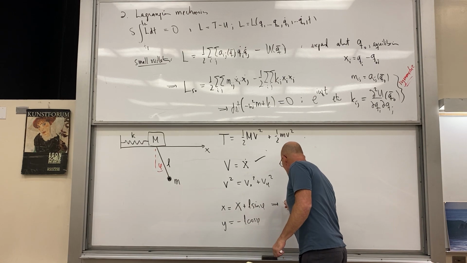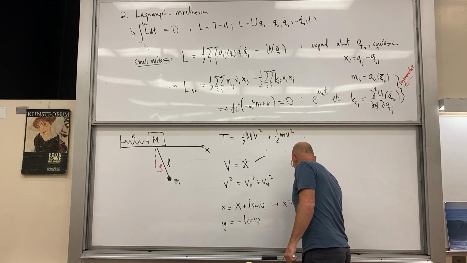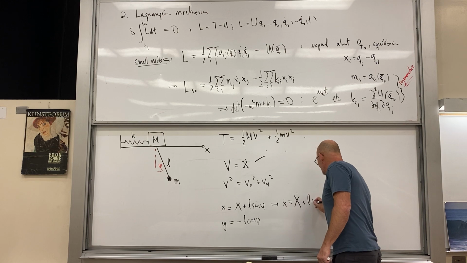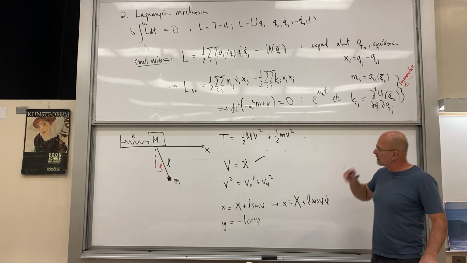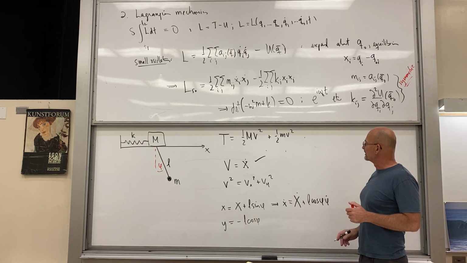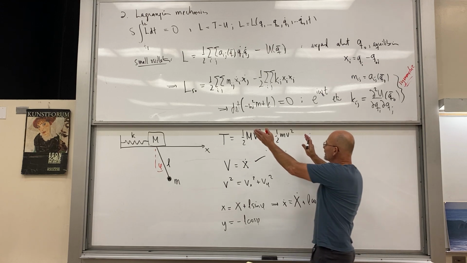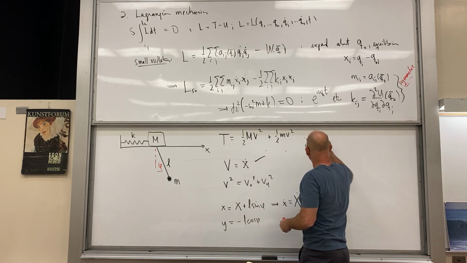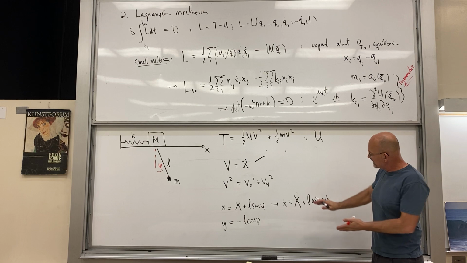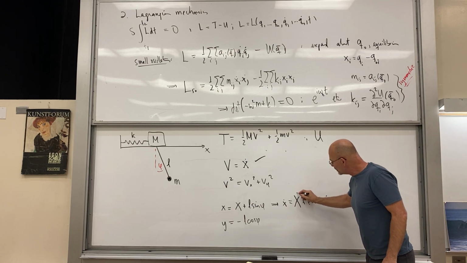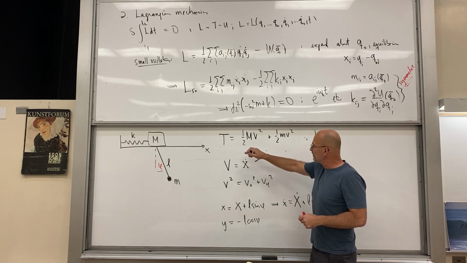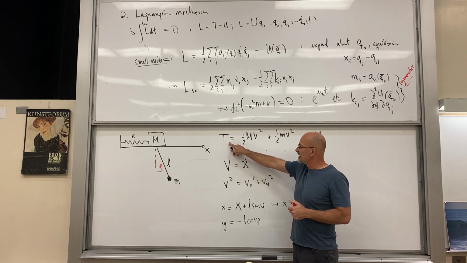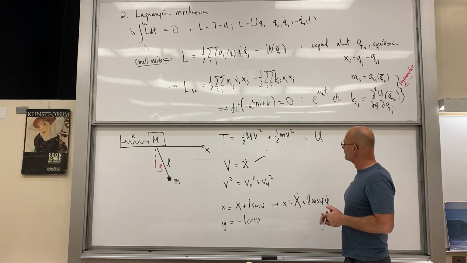So this capital X dot, L cos phi dot, etc. So you have a bit to do in a problem like this to get your kinetic energy, and only when you've brought it down to these two independent variables, your capital X and your phi, can you actually plug that into a Lagrangian. Otherwise it's just a kinetic energy.